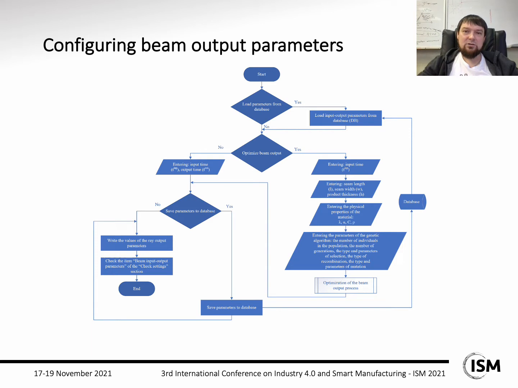After the optimization of the beam output has been made, or the input and output times are entered manually, it is possible to save the current values of the parameters in the database. Then the values of the input-output parameters of the beam are recorded, and a mark is put in the item parameters of the input-output of the beam.